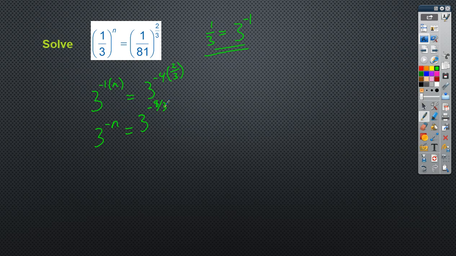When I do that, the exponents are left to be equal. Negative n is then equal to negative 8/3. Divide by negative 1, n is equal to 8/3. So our key point on this one is being able to write fractions as exponents as well.